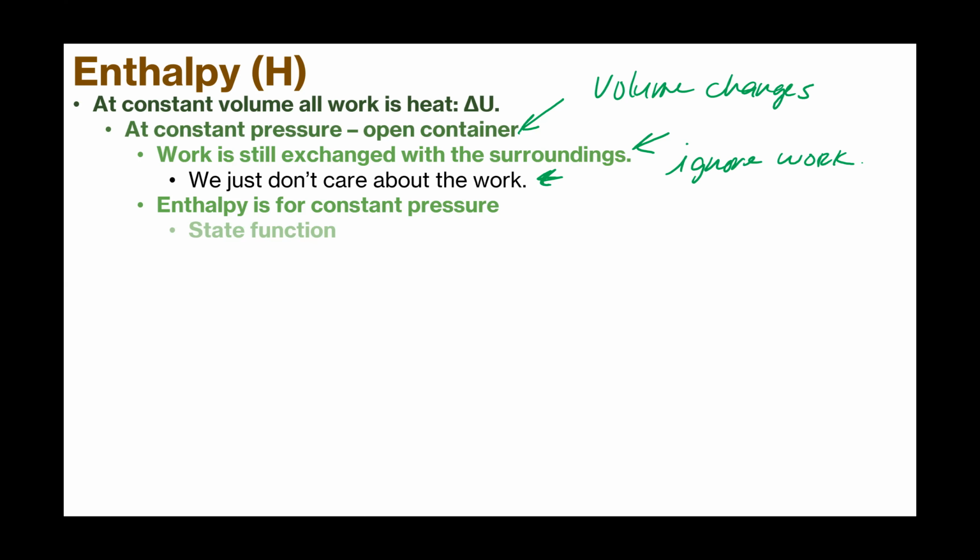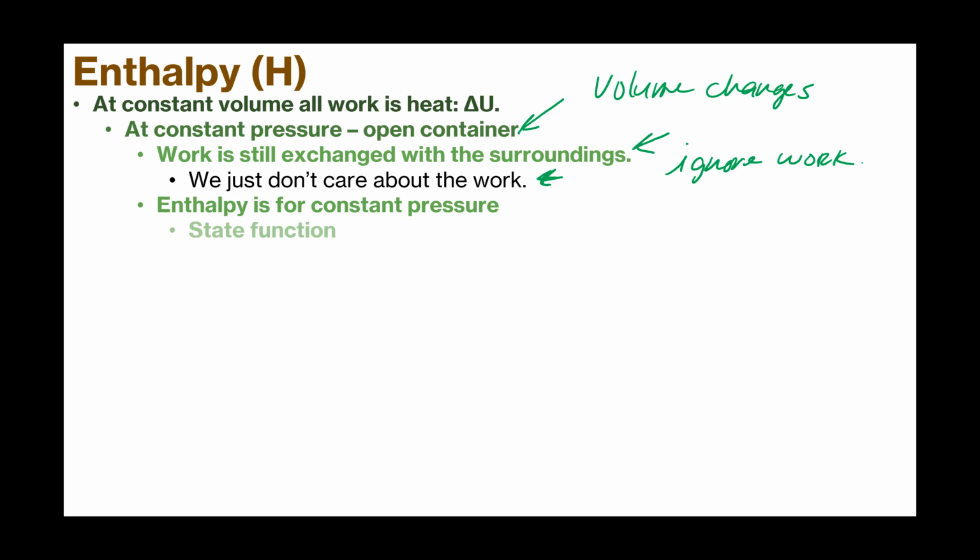If you're boiling a pot of water and you want to know how much heat it takes to boil the water, we don't necessarily care that water vapor is leaving the system and moving air particles out of the way. That's the change in volume. If you're using a Bunsen burner, we don't care how the air around the Bunsen burner is moving. We just care about what the temperature of our reaction is.